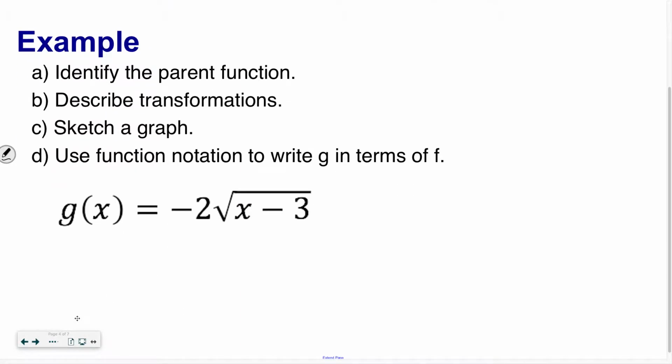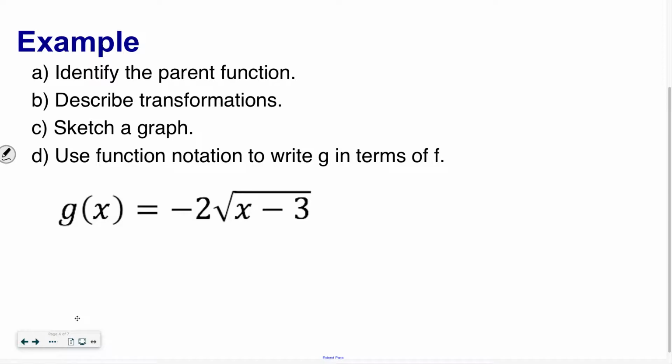Okay, so here's an example. This is similar to the 4 things that you'll be asked to do on several of your homework problems tonight. Identify the parent function, describe your transformations, and sketch a graph. The last one, D, maybe is something you did less of in Algebra 2, depending maybe on who your teacher is, if they stress function notation or not.